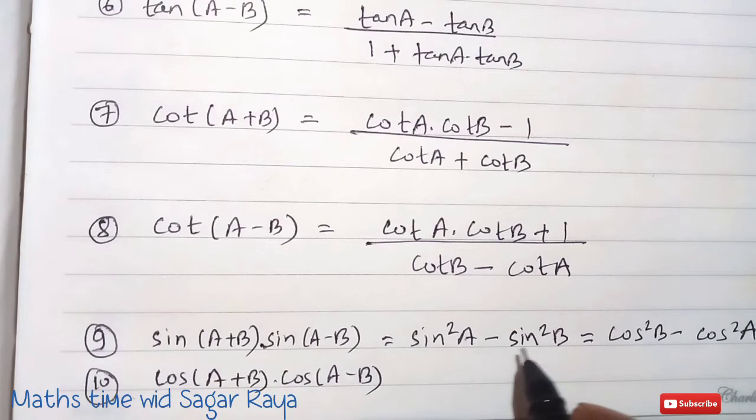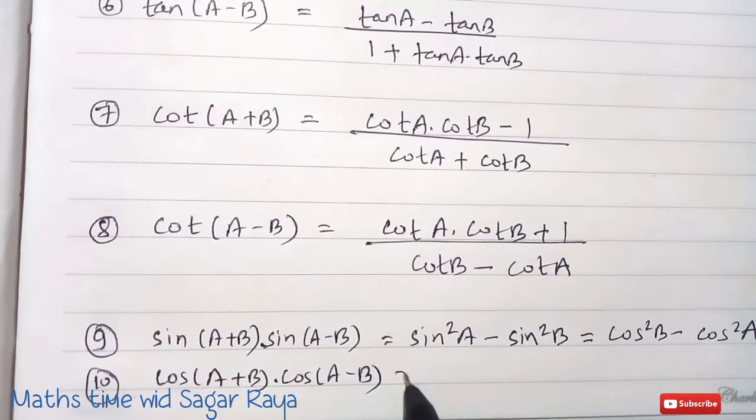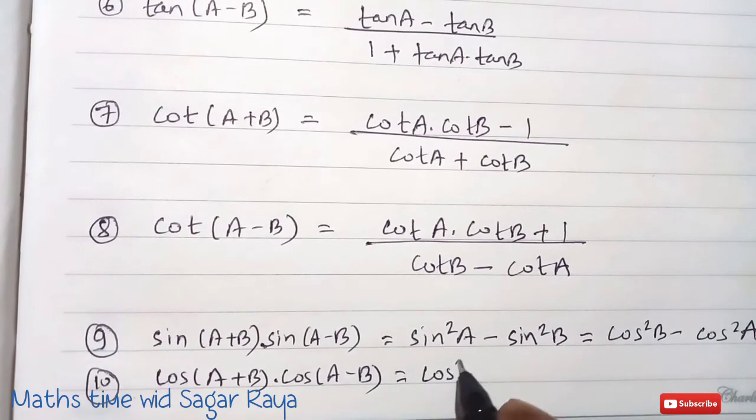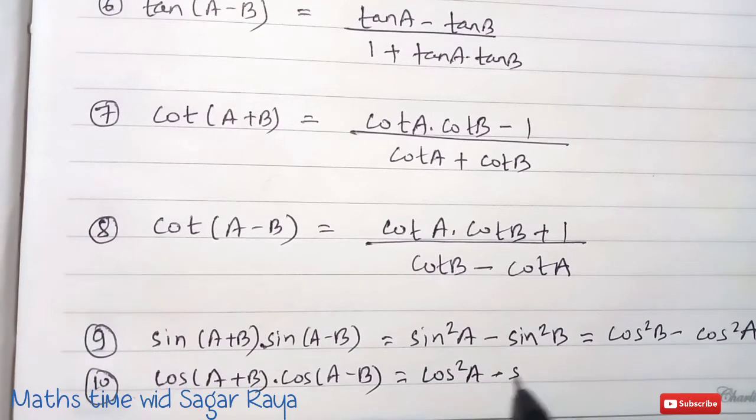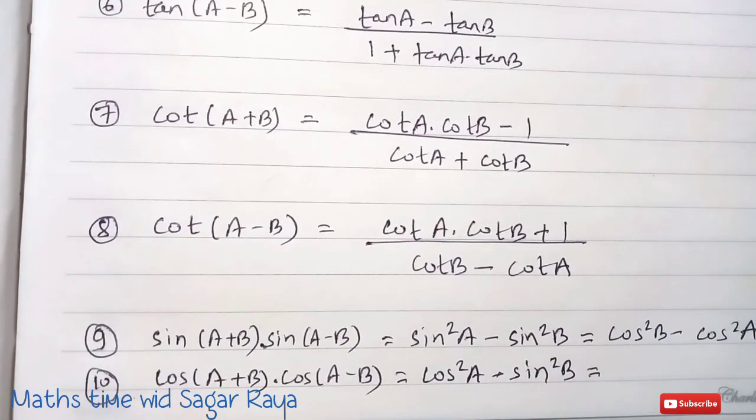Sine square a minus sine square b and cos square b minus cos square a. Similarly, the formula for cos a plus b dot cos a minus b is cos square a minus sin square b, and another formula is cos square b minus sin square a.